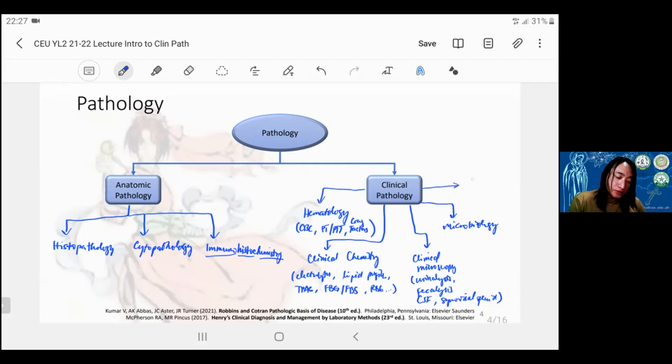And the next branch would be immunology and serology. So basically, immunology and serology is the study of your antibodies that are found in your serum.